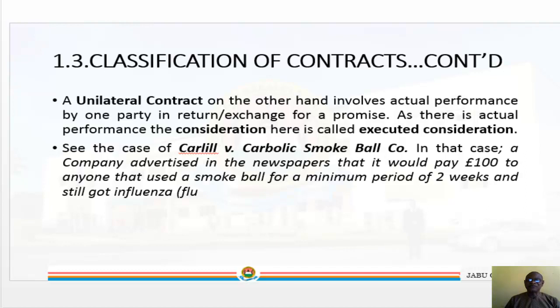See the case of Carlill versus Carbolic Smoke Ball Company. In that case, a company advertised in the newspapers that it would pay £100 to anyone that used a smoke ball for a minimum period of 2 weeks and still got influenza.